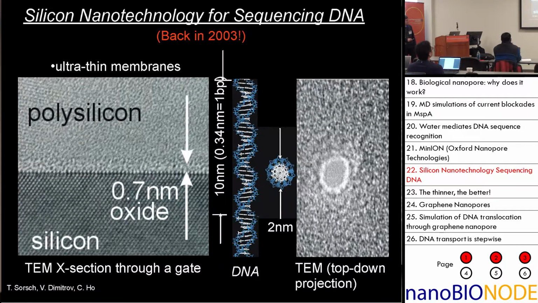You have polysilicon, silicon dioxide, and silicon, and this gate dielectric layer is just 0.7 nanometers, just the size of a nucleotide. And this is a pore that you can drill in such a device by TEM, about 2 nanometers in size. So even back then, we could make things that were the size of a nucleotide, which basically stimulated development of this field. Now, how do we take solid-state nanotechnology and make a device that can read the sequence of DNA?